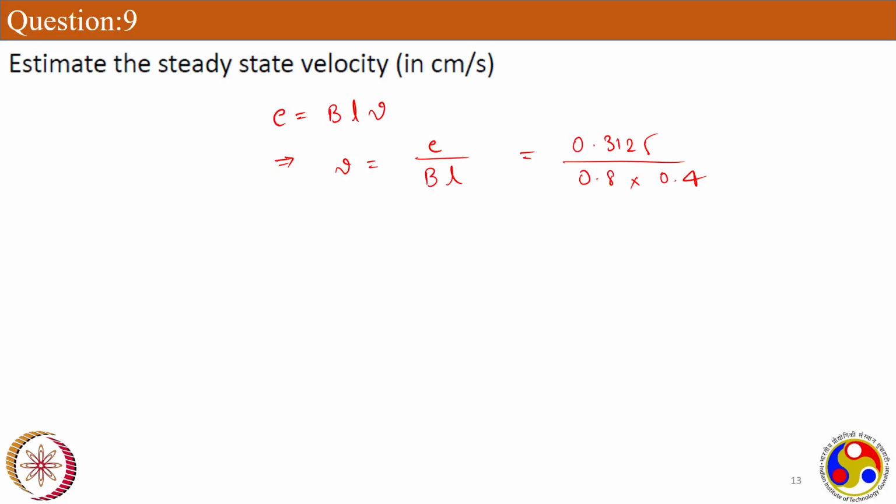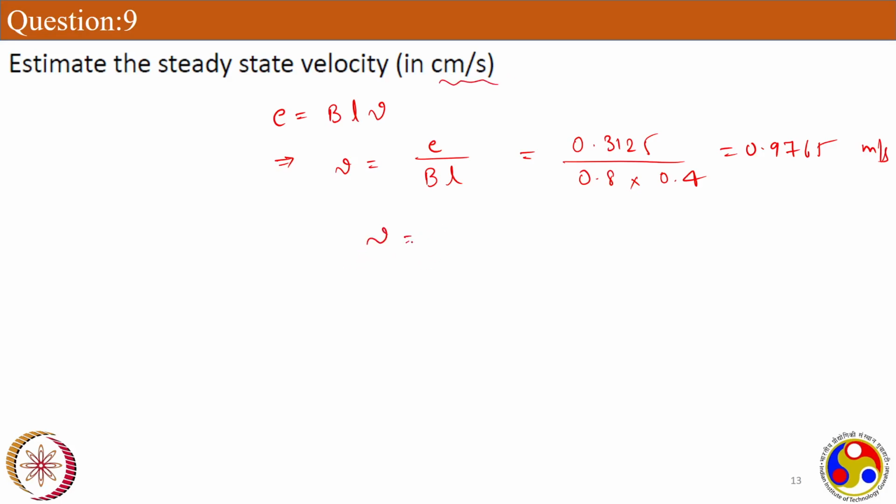0.8 into 0.4. Yeah, Karan, it's 0.9765. So it's in meters per second. They have asked in centimeters per second again.